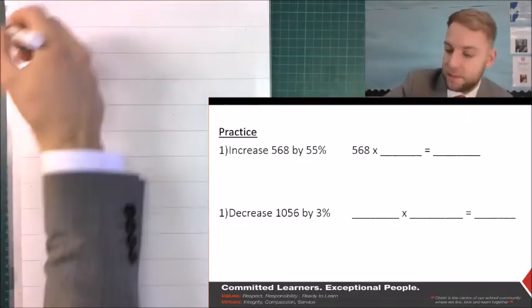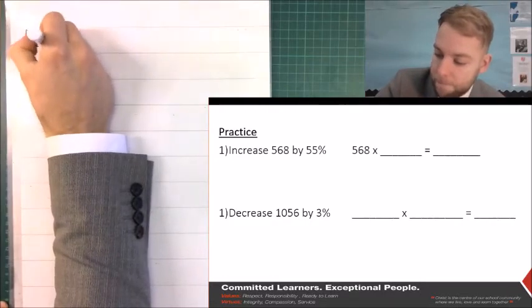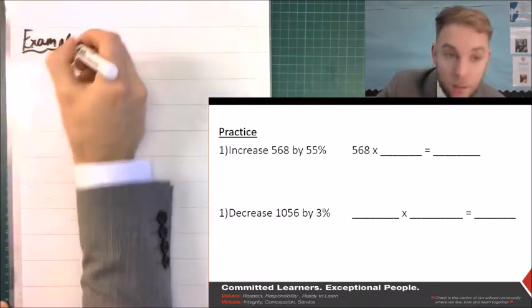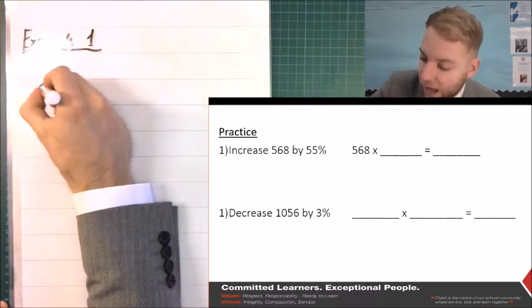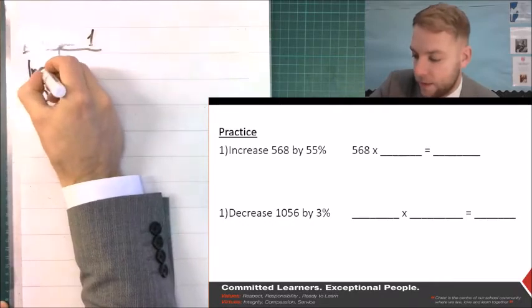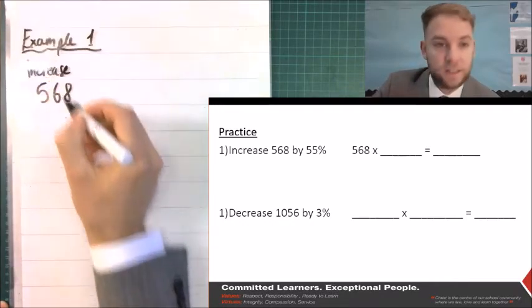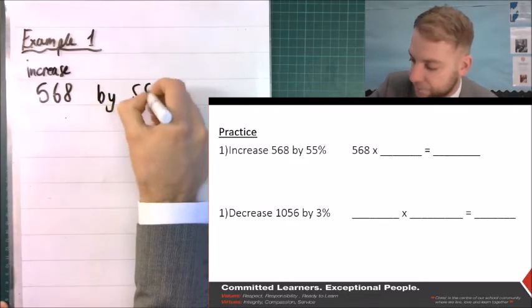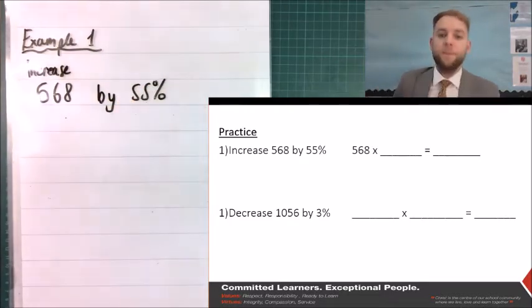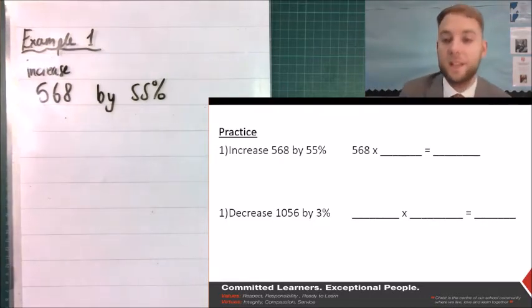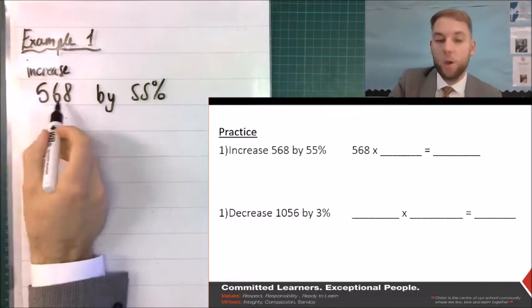So example 1, increase 568 by 55%. Now with this one here, it's all about that starting point. Do you understand what this is worth as a percentage?